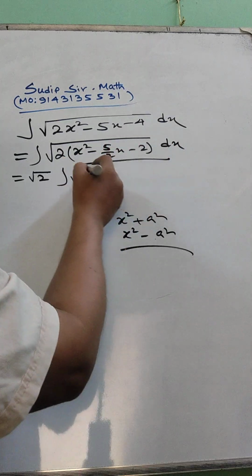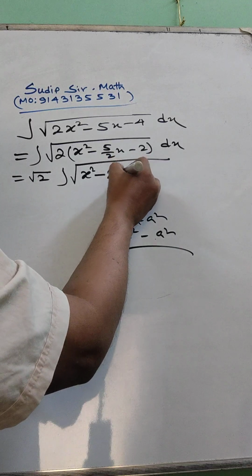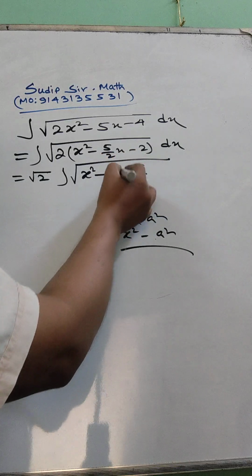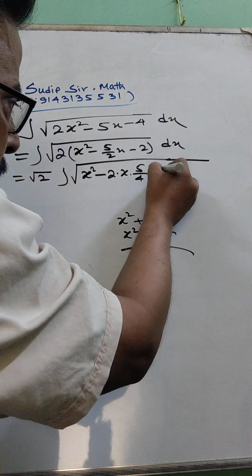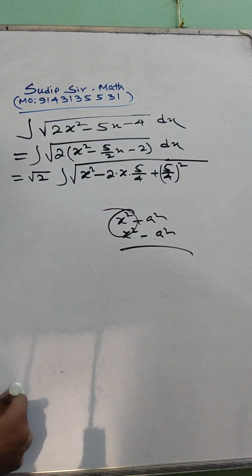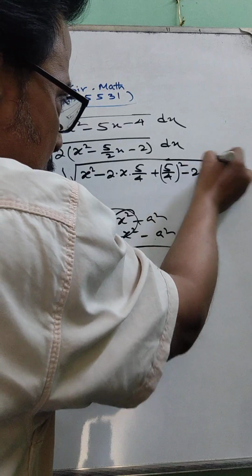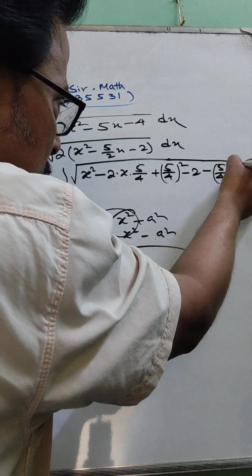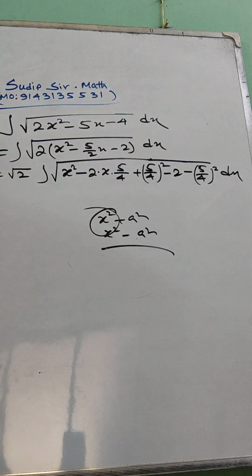So this can be written like a² minus 2ab. That is 2 into a means x, so b must be 5 by 4, so that it will be 5 by 2, 2 into 5 by 4. And here it is required 5 by 4 whole square. So we write (5/4)² minus 2 and this (5/4)² minus (5/4)², dx.